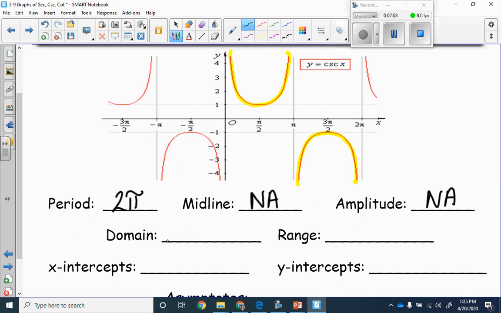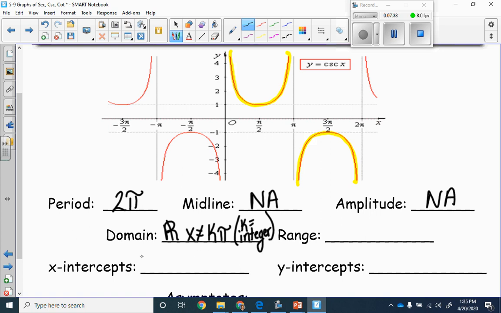Domain is going to be all real numbers with the exception of where our vertical asymptotes are, and those are at the values of k pi, so x cannot equal k pi, where k equals an integer value. So you're looking at 1 pi, 2 pi, 3 pi.